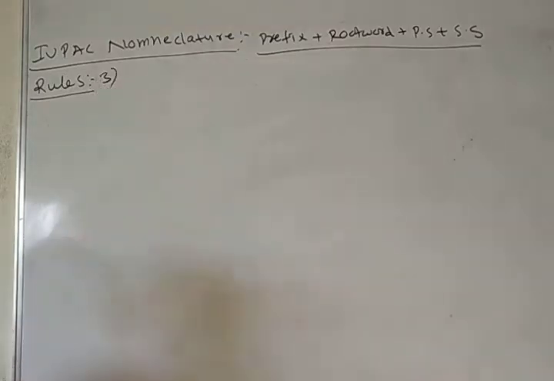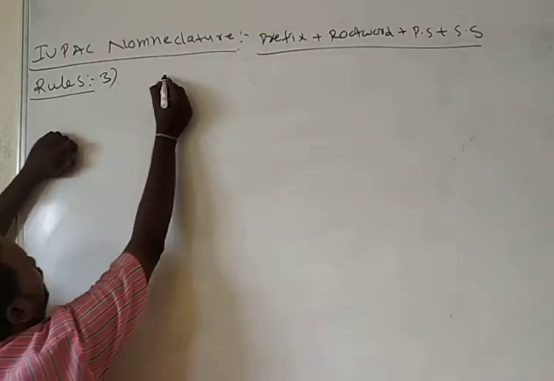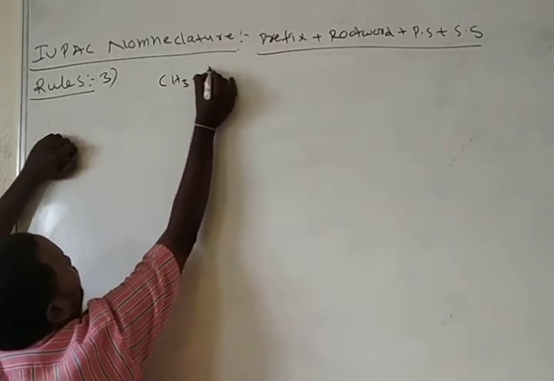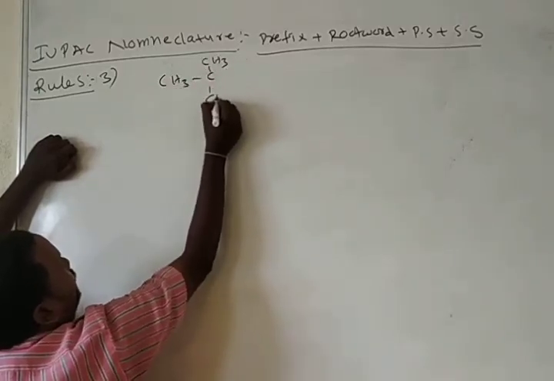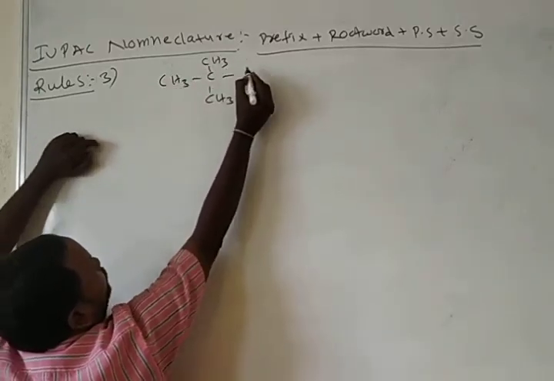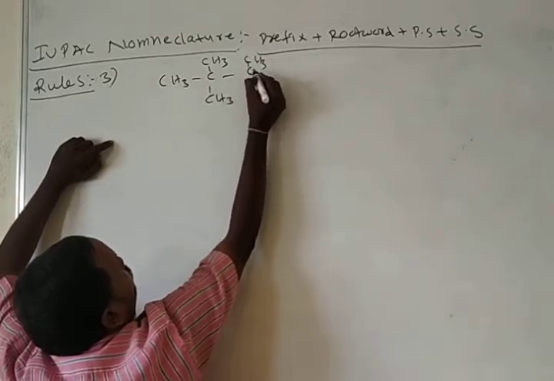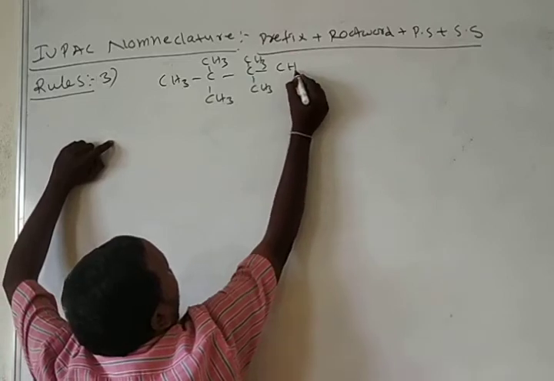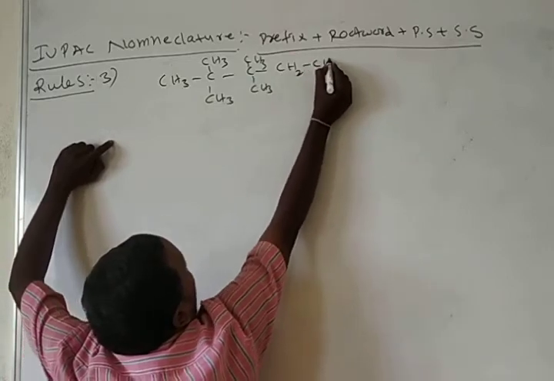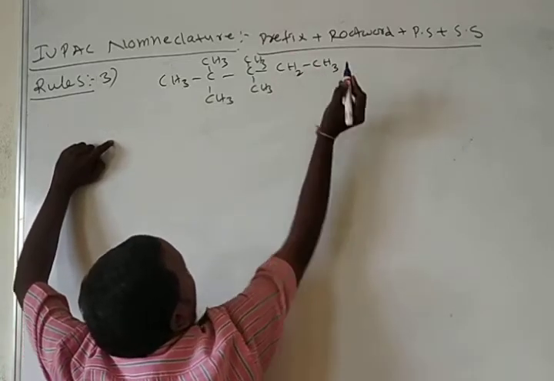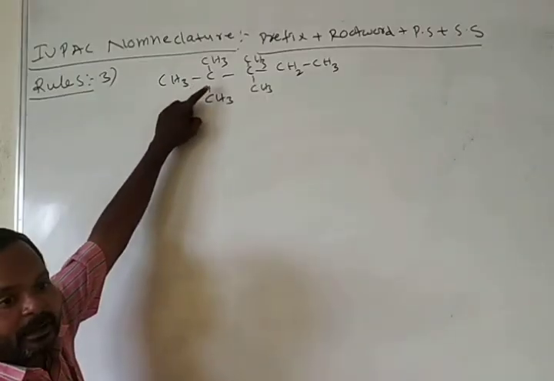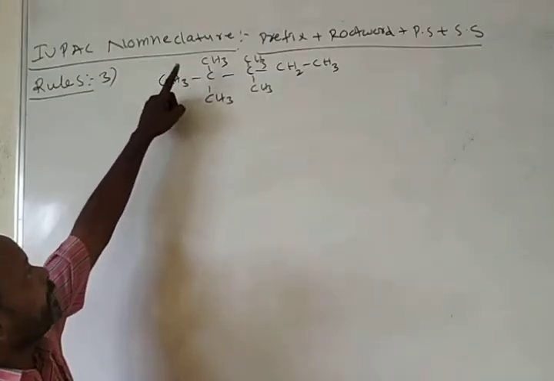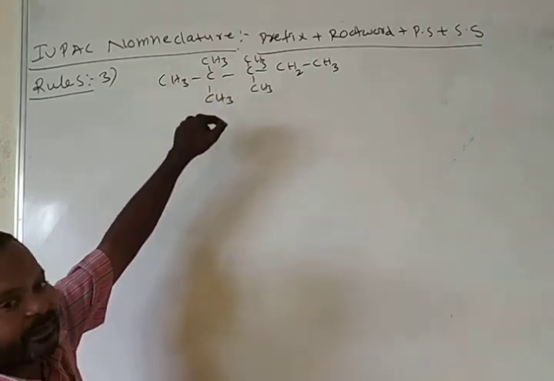Third rule: a carbon molecule contains groups like this. Here one carbon atom is attached with 2 same groups, and here also 2 same groups.